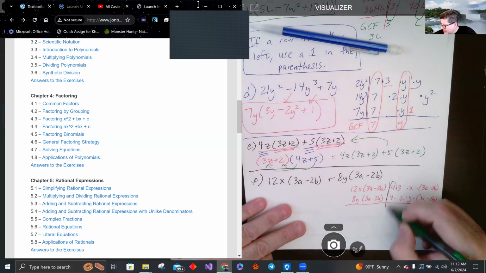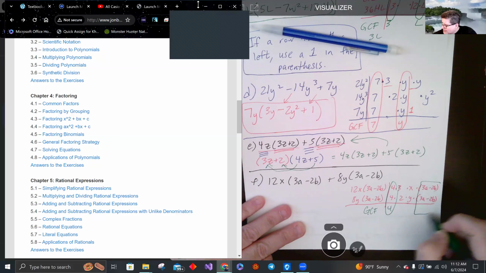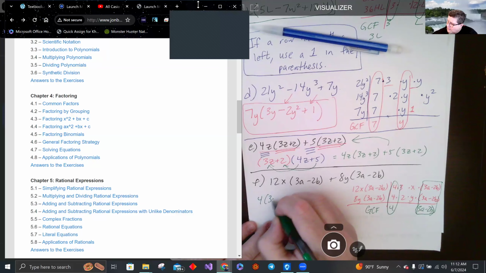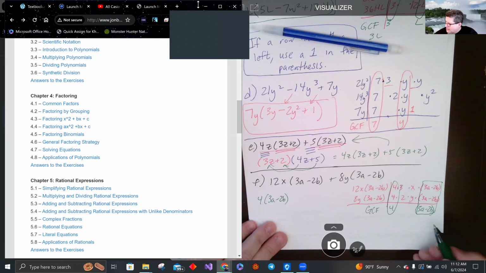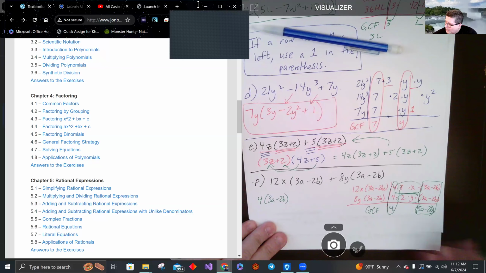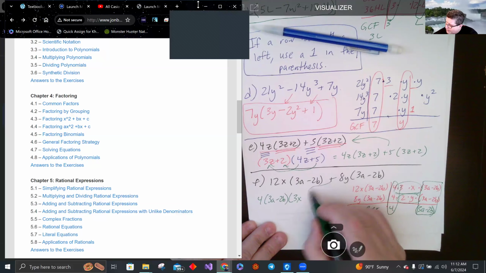So my GCF is 4 times 3a minus 2b. And I'm left with a 3x and a 2y. 3x, this was a plus, 2y.